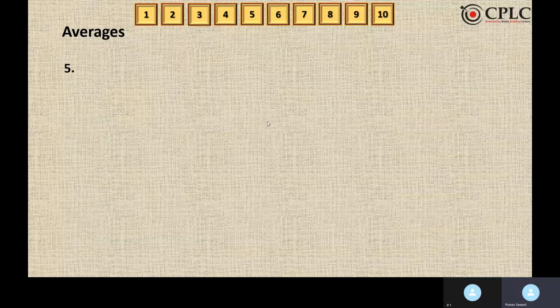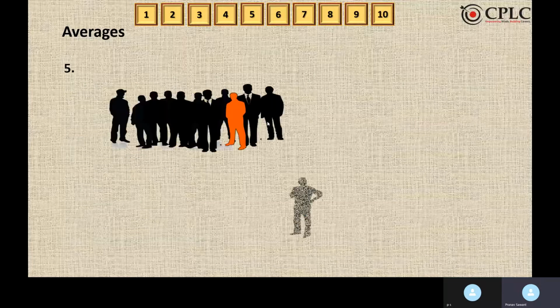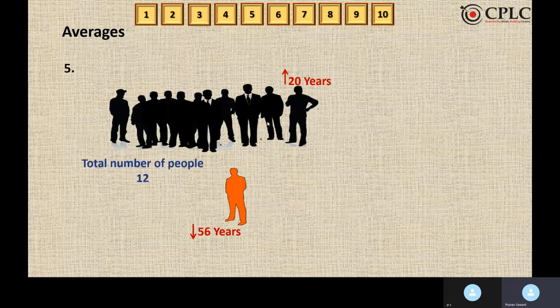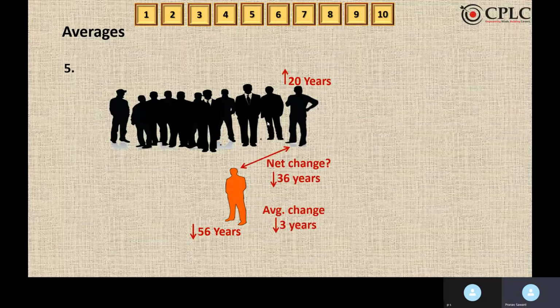There's one more way to solve the question. Now, a person of 56 years old is taken out and a person of 20 years old is taken inside. The net change is of 36 years. The average goes down by 3 years. Now, according to this, we can determine that there are 12 people as the average is going down by 3 years.